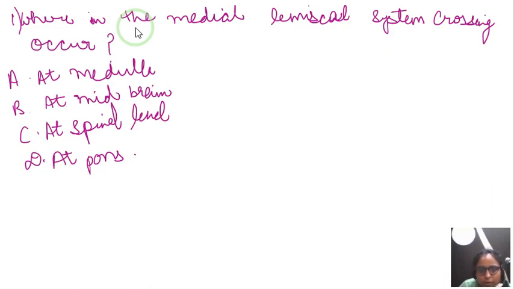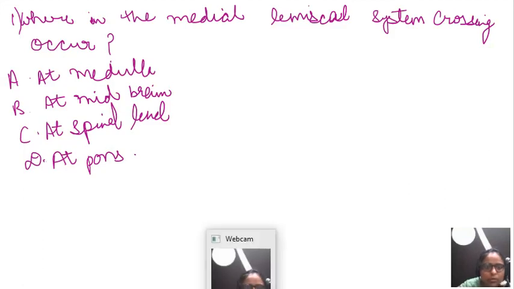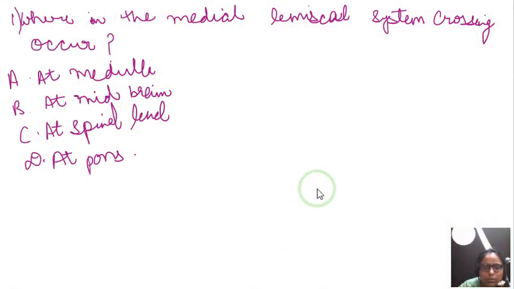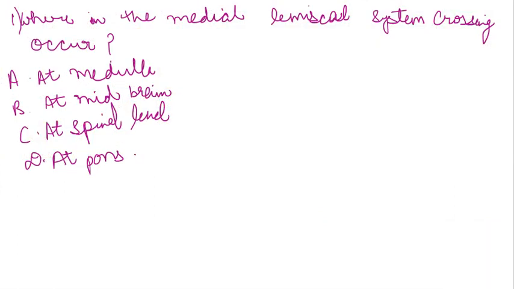So our question was, where in the dorsal medial lemniscal system does crossing occur? We have studied the dorsal medial lemniscal system, right? We saw yesterday, just a second, let me take a pen to draw.